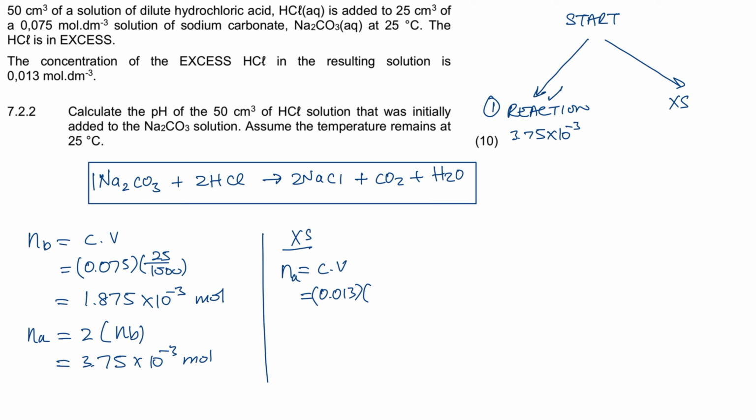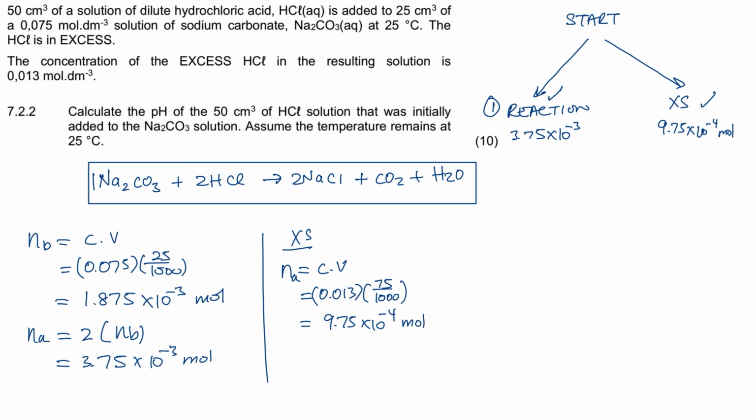So the total liquid of the acid and the liquid of the base are going to be joined. So we're going to have 25 and 50, so 75 cm³. So 75 over 1,000. And that's going to give us 9.75 × 10⁻⁴ moles.